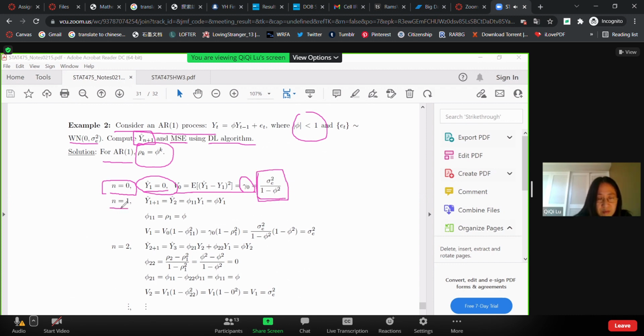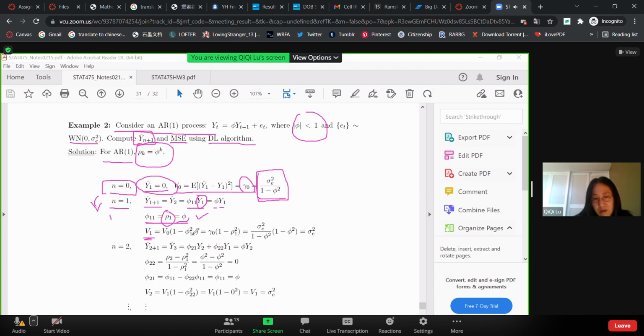And we do n equals 1, so you have only one observation. So y(1+1) hat, which is y2 hat, is phi11 y1, right? So that's phi y1. Because we know phi11, the partial ACF, is just rho 1. So for AR1, the coefficient rho 1 is just phi here. And then we can calculate Vn, which is V1 equals V(n-1), V0, times 1 minus phi_nn squared.